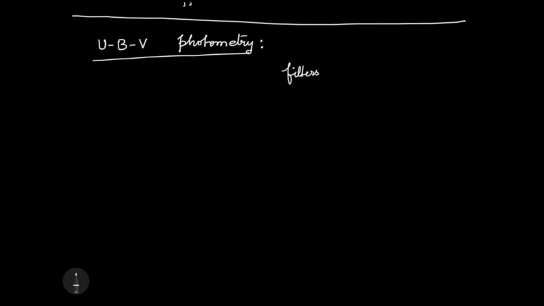There are many different types, and even in this wavelength range, as I said, different observatories use different filters, different glasses which give you different filters. I am just taking some example here.